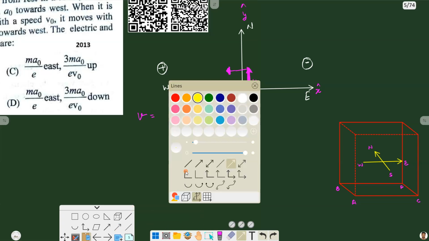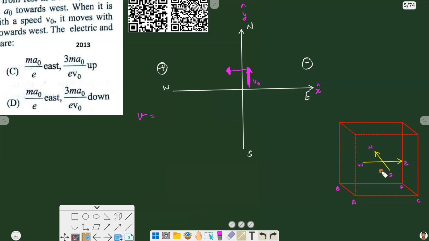We can represent it like this, that our top to bottom direction will be represented like this. So that will be our Z or K direction. East we are representing here by X, and north we are representing by the Y direction.